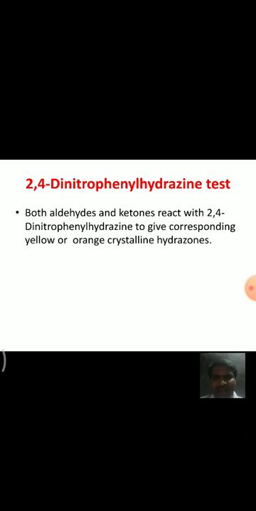In the same way, these aldehydes and ketones react with 2,4 dinitrophenylhydrazine and form 2,4 dinitrophenylhydrazone derivative, which is generally a yellow or orange crystalline compound. This is the 2,4 dinitrophenylhydrazine test.